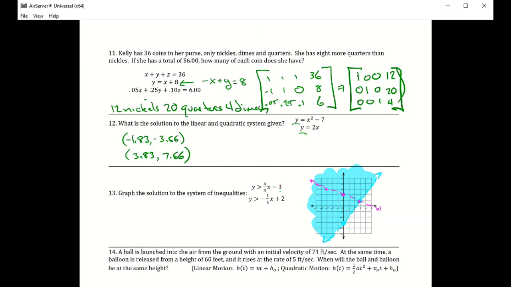So now we put zeros in. Is 0 greater than 2? No, it is not. So we're going to shade away from the origin. And again, our happy purple region there, this is our solution.